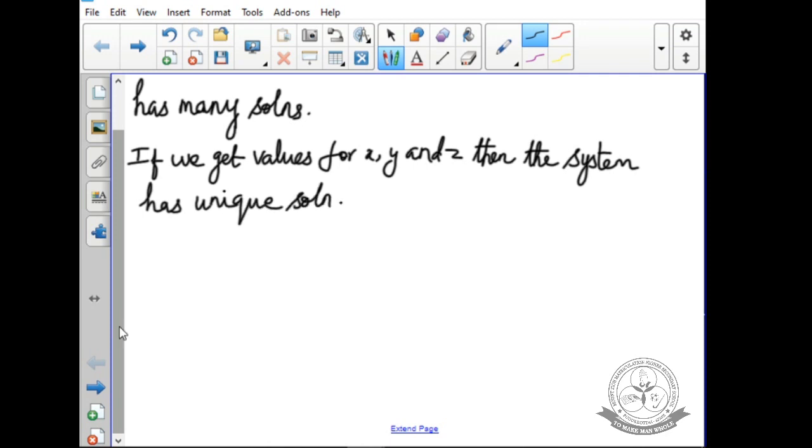So using these three conditions, we are going to solve the equations in exercise 3.1.